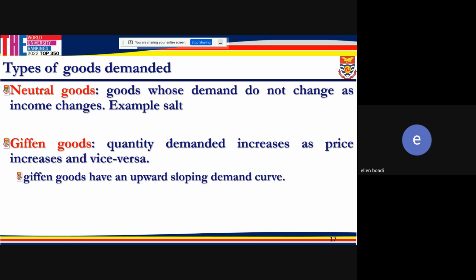Then we have a different good. We say a good is a different good when the quantity demanded increases as price increases. So when prices are so high, we tend to buy more of different goods.